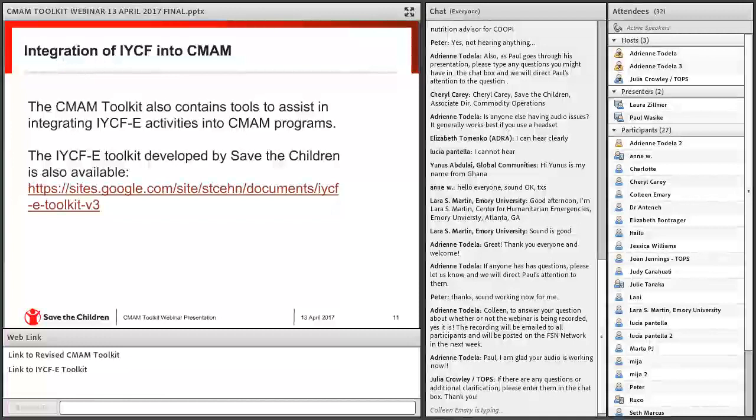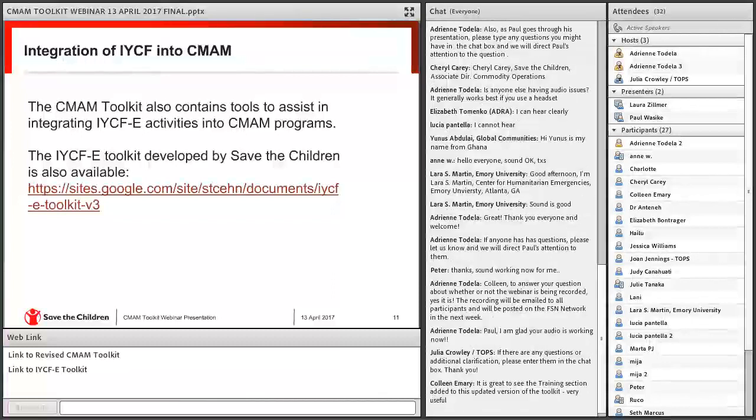I personally like it quite a lot, and the feedback we've received is that it's very, very user friendly. So when implementing our CMAM interventions, just to be sure that we have a source where we can get, I would call it almost every IYCFE tool and document that you need, in addition to what we have within the CMAM toolkit.